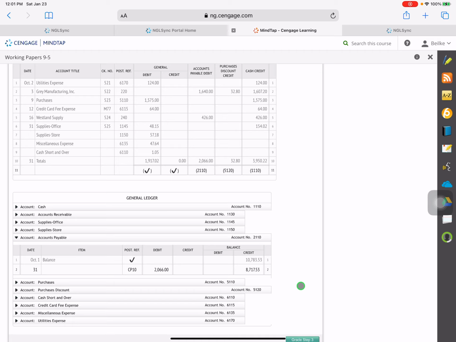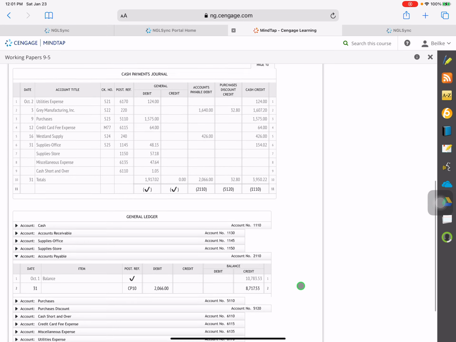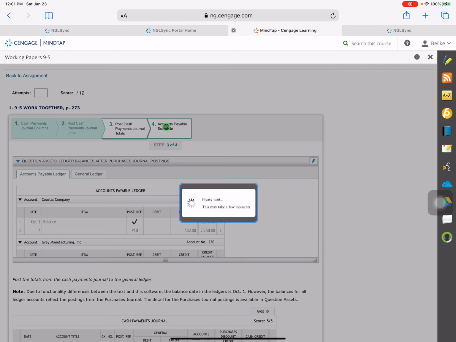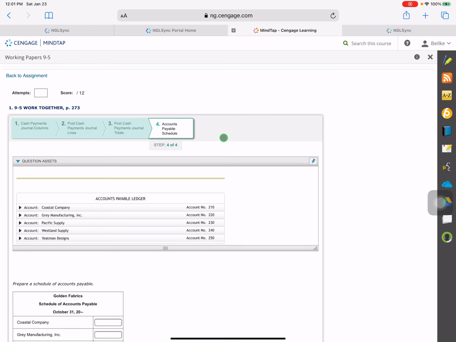So that's a number we need to remember for right now. We are going to go through to our next step and prepare a schedule of accounts payable. What this does is it lists all your vendors and the amount that you owe them, the total amount that you owe all your vendors.